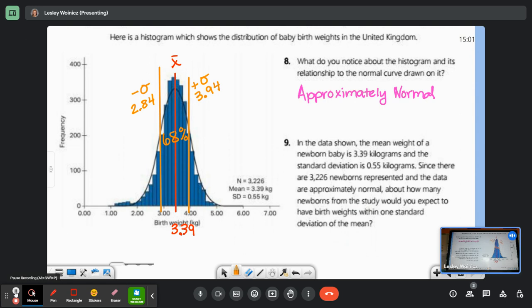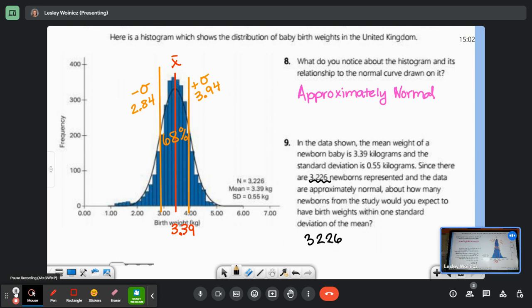Now they're going to tell us some more information. How many newborn babies are represented in this sample? Right here, guys: 3,226 babies.